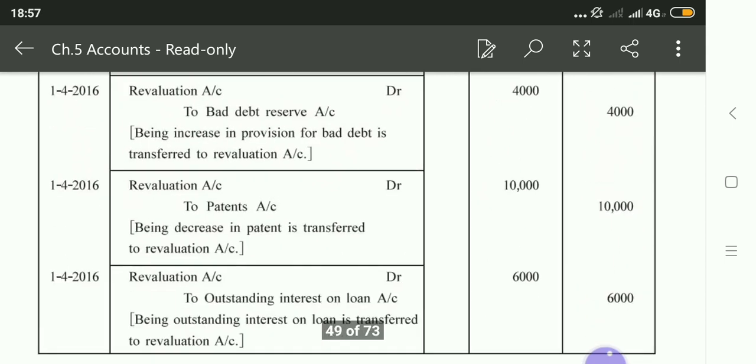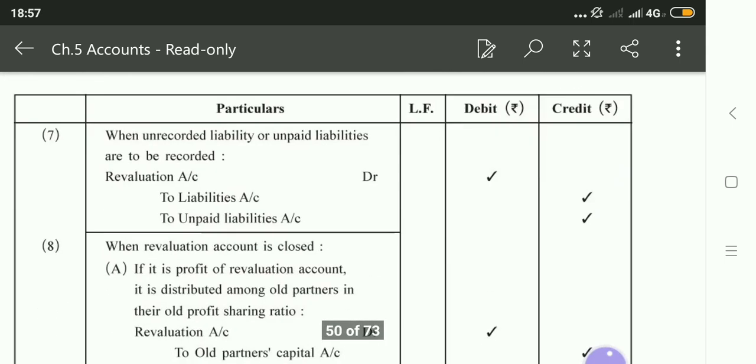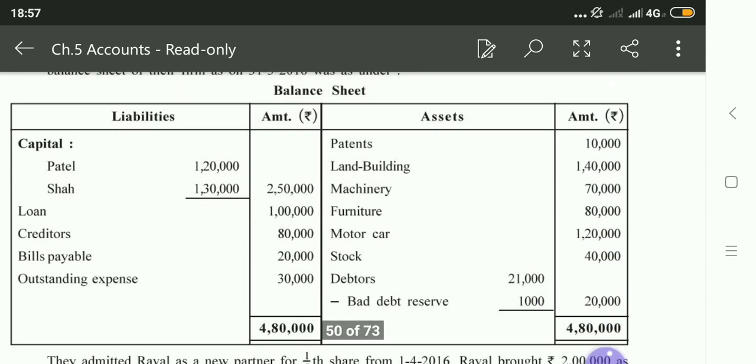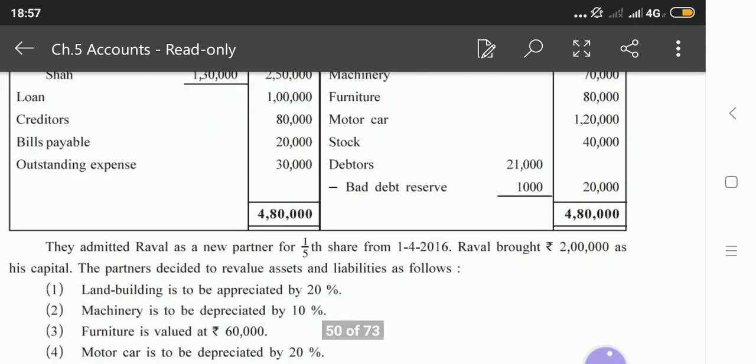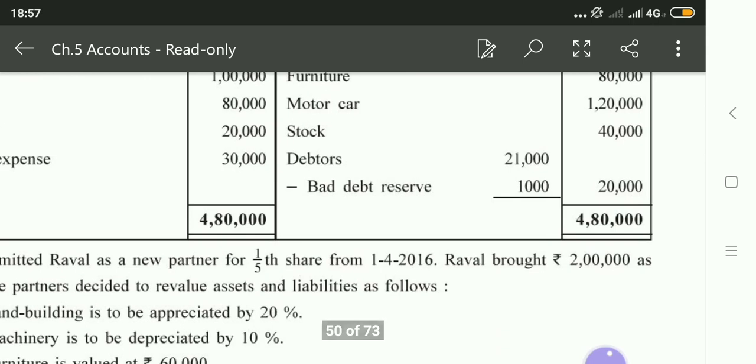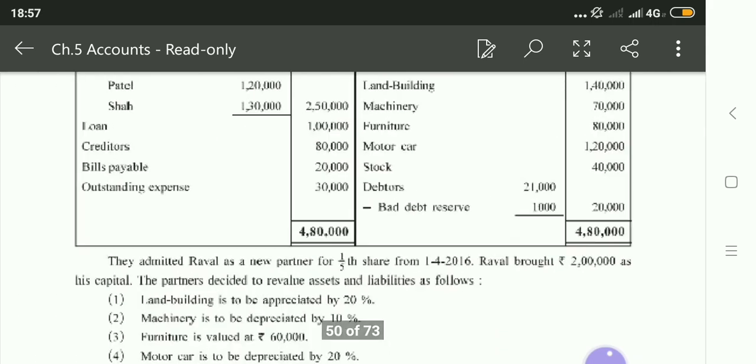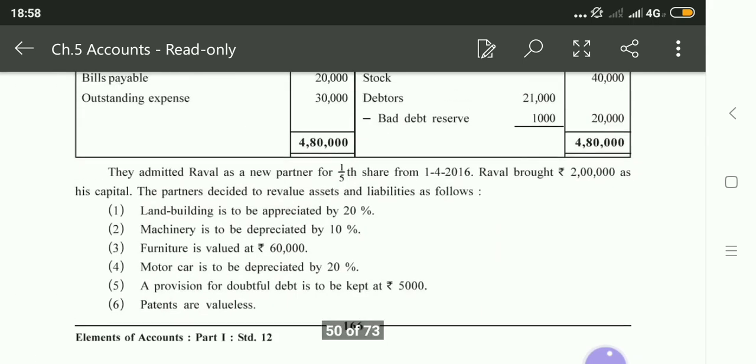What they are trying to say is that we are supposed to keep a bad debt reserve of rupees 5,000, of which 1,000, here I can see 1,000 is already given, and 4,000 more is needed to make it 5,000. Fine. We'll continue. Adjustment number 6.